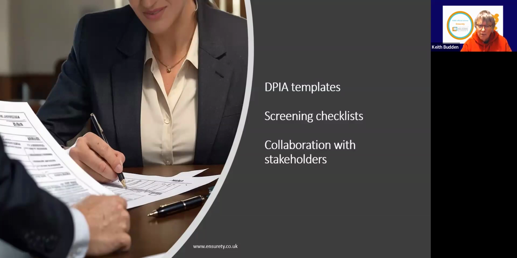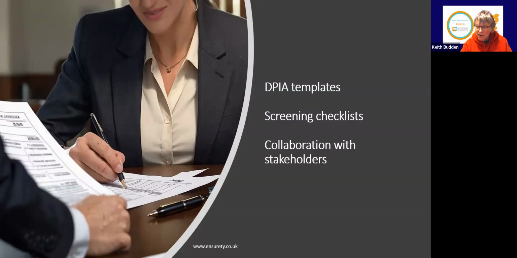Brilliant. All good. But if you do need to do a DPIA, then it's important that you, A, follow the template, do all the various stages, but B, make sure that you are talking to the right people. Because yes, you probably need to talk to your IT people, whether that's internal or external.